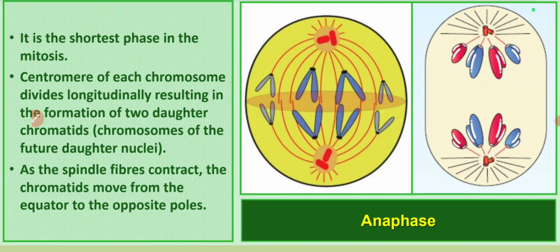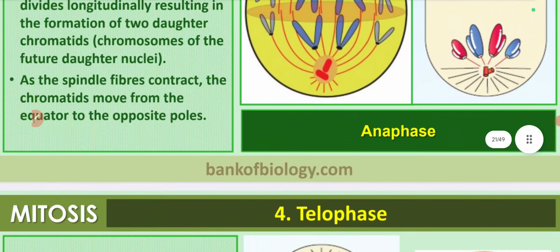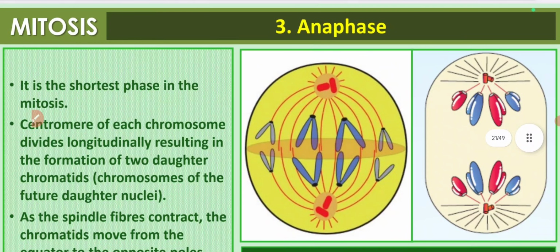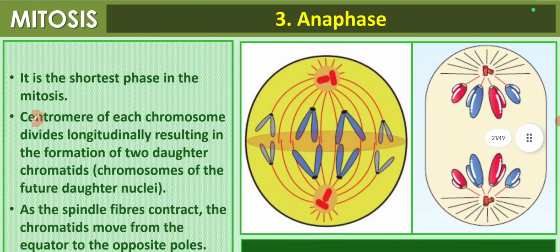Here is another point about anaphase: the arm of the chromosome trailing behind. As you can see in this diagram, the arms of the chromosomes are trailing behind, being attracted by the spindle fibers.